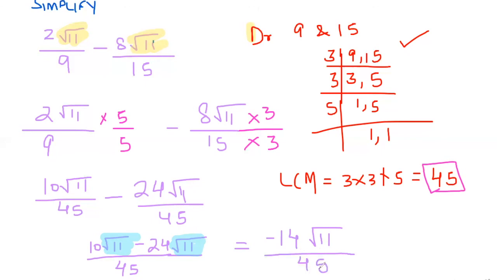So this looks like the simplified version of the radical. I will check if I can somehow cancel and simplify 14 and 45. No, I cannot. They don't have any common factor. So the most simplified answer for this question in radical form is this.